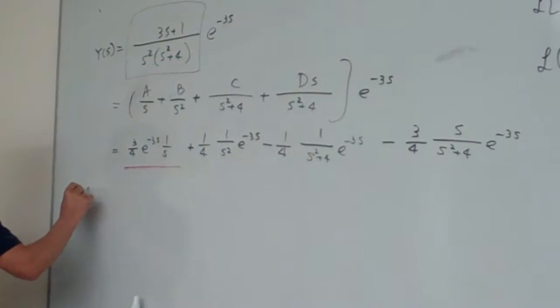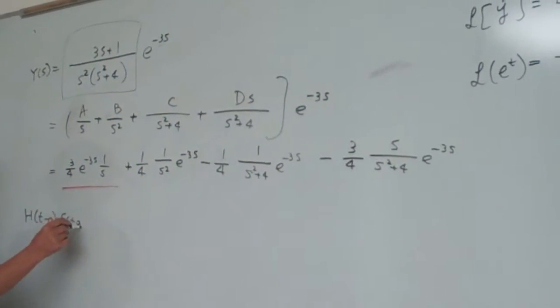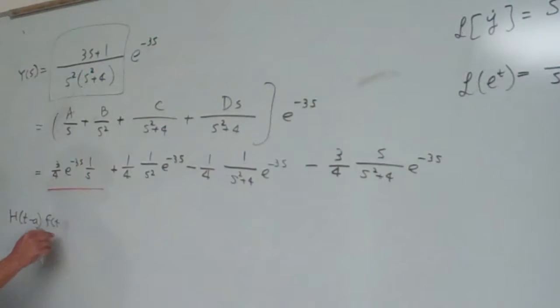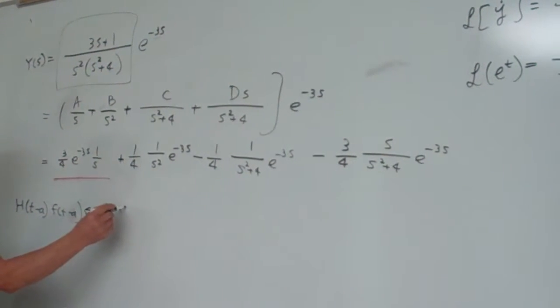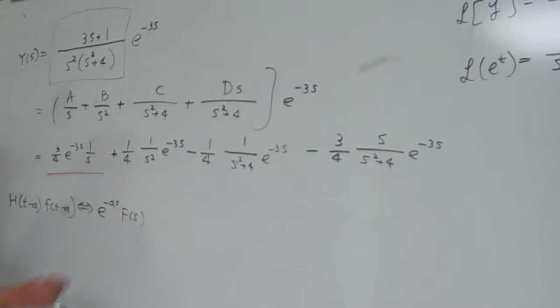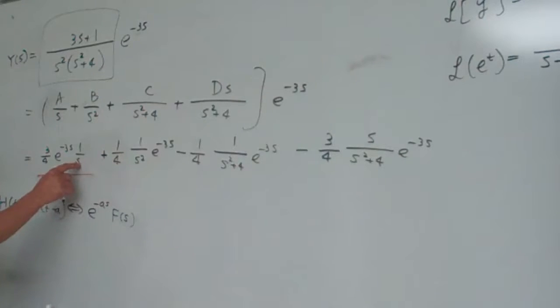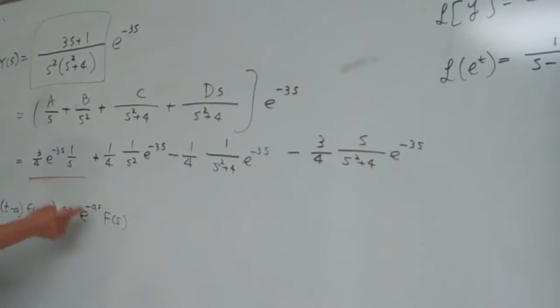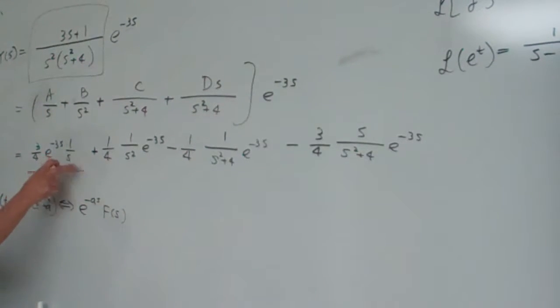Let me write it up here. h(t minus a) f(t minus a) is e to the minus as times F(s). So from here, F(s) equal to 1 over s here. Right now we have this one, this side here. You compare.